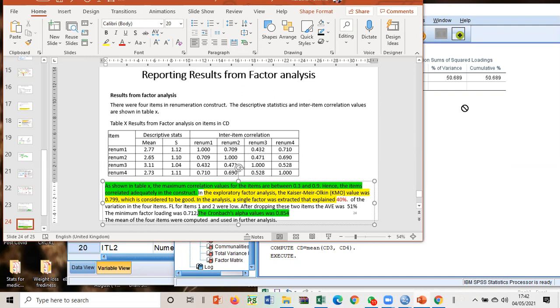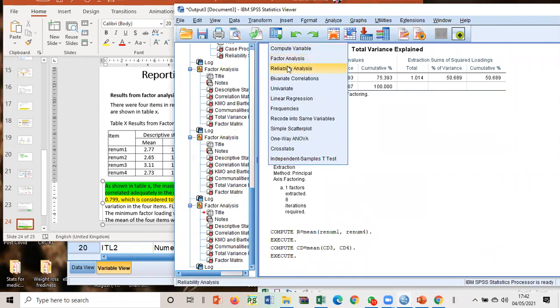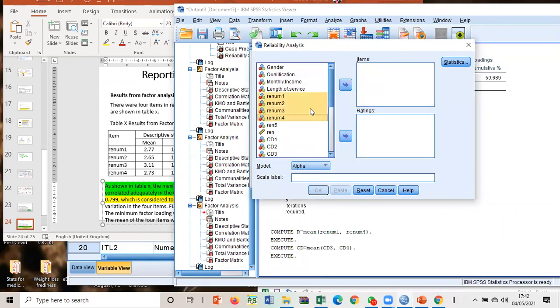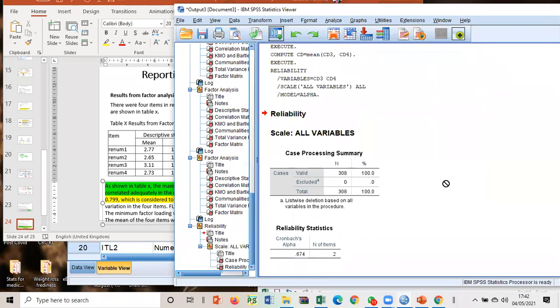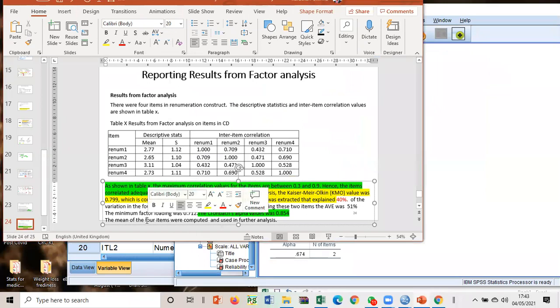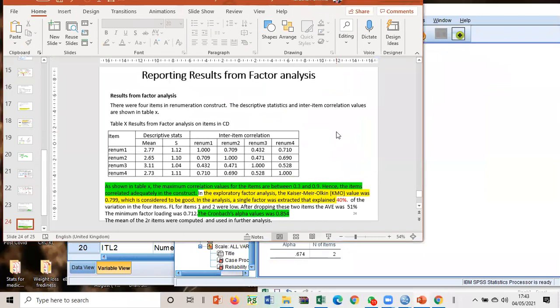We try the Cronbach's alpha just for the two items, CD 3 and 4. Right, 0.674. Quite close to 0.7. And then find the mean of the two items. See how you're selecting the items to represent the construct. In reliability analysis, all four went through, right? But in factor analysis, are they coming from a single dimension?